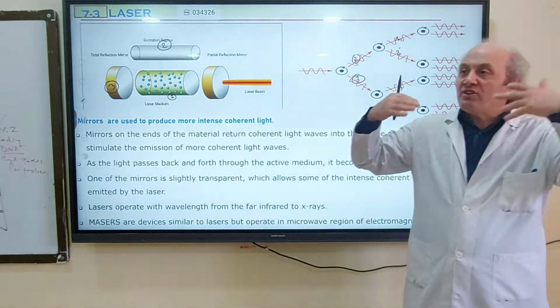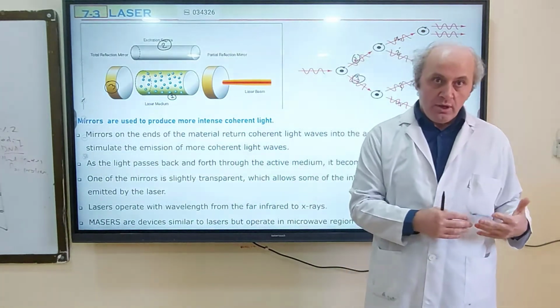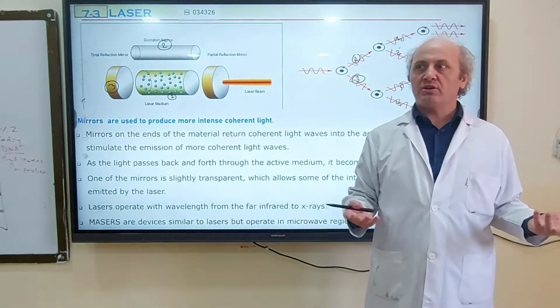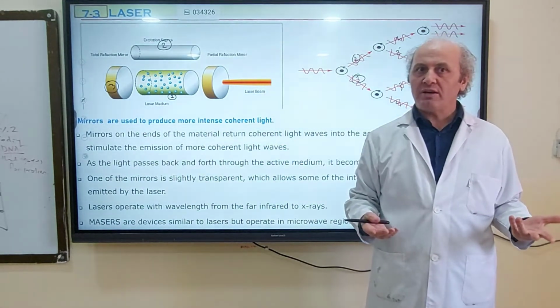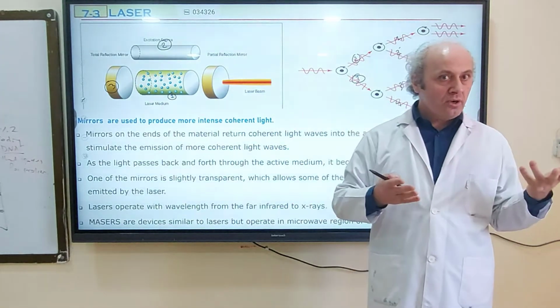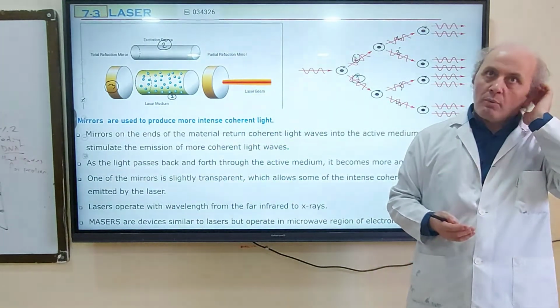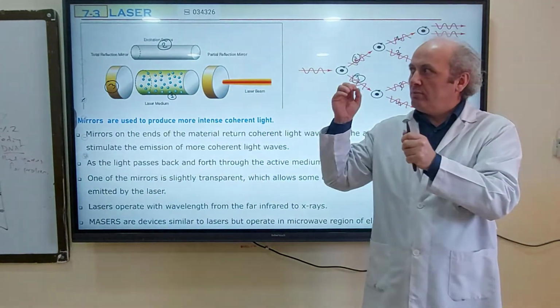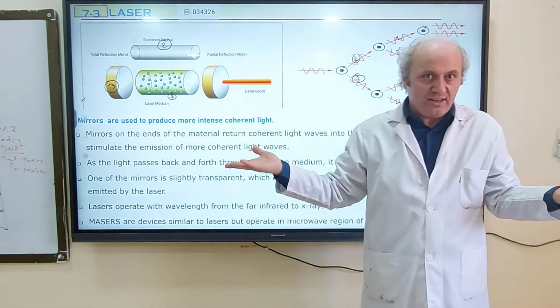Now after each stimulation, the number of identical photons is increasing. So, what do you expect intensity to be? High intensity. Intensity increases. But we need a specific intensity to burn something, for example, in the laser.